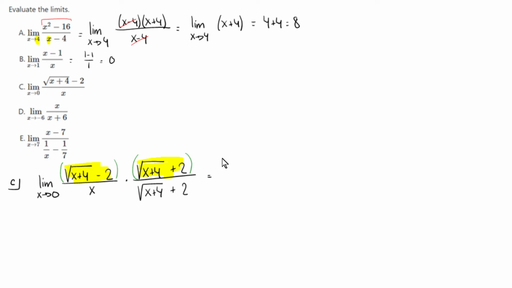So now what we have is the limit as x tends to 0. In the numerator, we're going to get square root of x plus 4 squared minus 2 squared. In the denominator, we leave that in factored form like this.